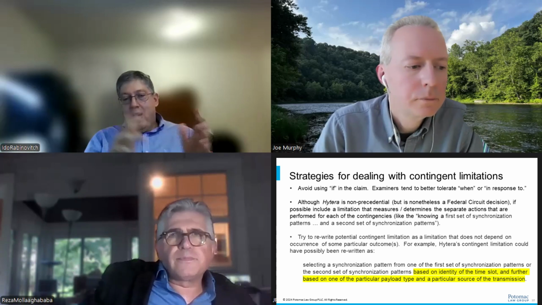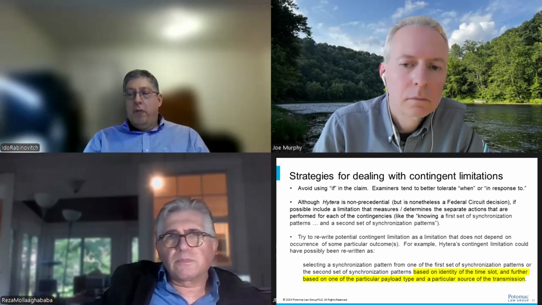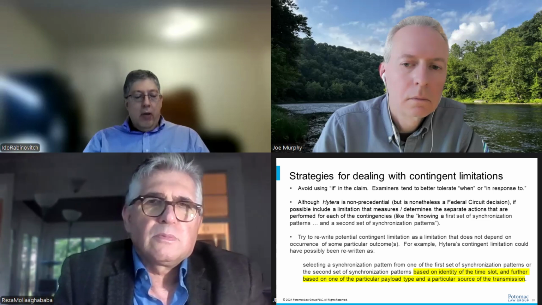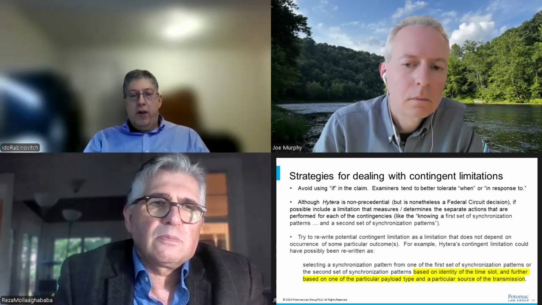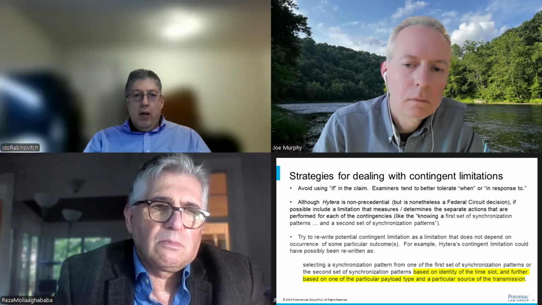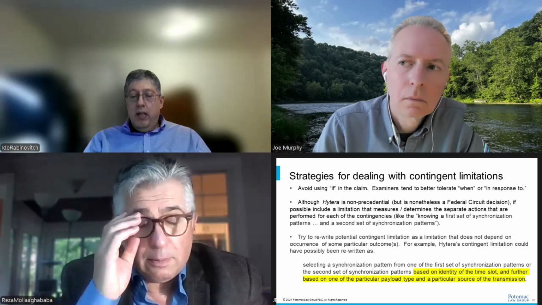That's exactly right. So the bottom line for me is that this only affects method claims, and I don't know that I really deviate from my usual drafting strategies just because of a method claim. If the claim language is good and it captures the invention for a system claim or a product claim, then use it there.